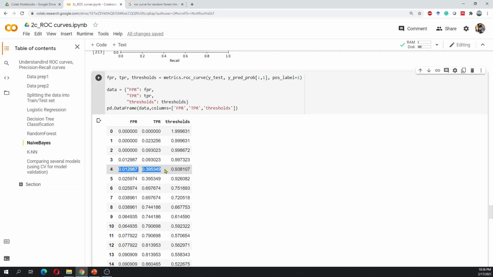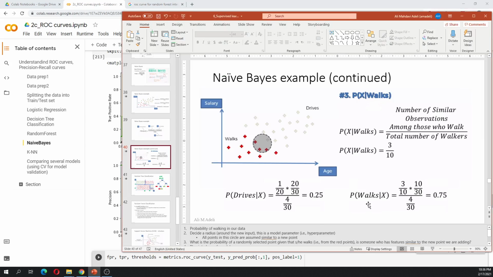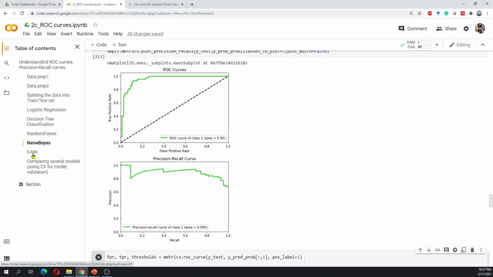So I'm going to go with this. I can get a false positive rate of only 1.3% if I'm fine having a true positive rate of about 40%. And that's going to happen if I set the threshold at 0.93. That means I'm only going to assign an observation to the positive class if it has a probability of belonging to this positive class of at least 93%, 0.93. So that's what it means here.